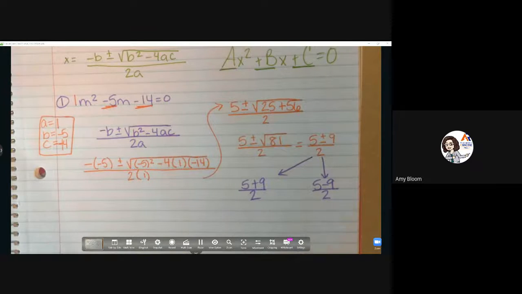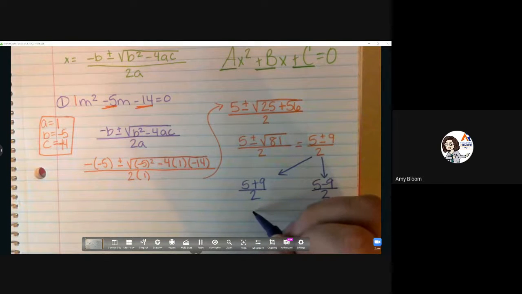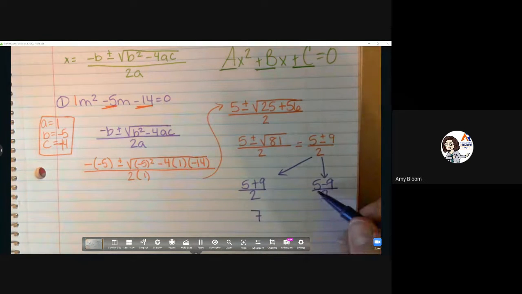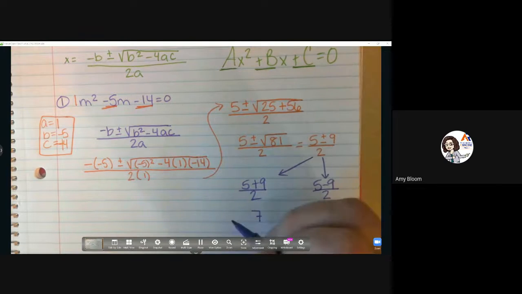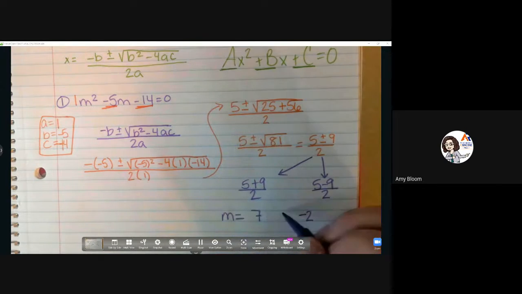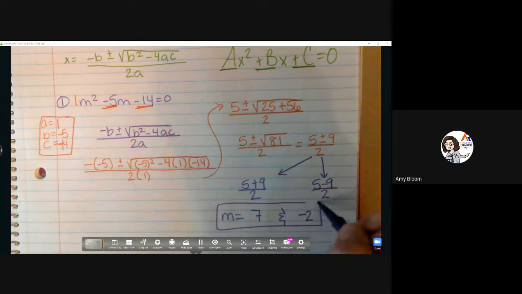So 5 plus 9 is 14, divided by 2 is 7. And 5 minus 9 is negative 4, divided by 2 is negative 2. So in this case, m can equal 7 and negative 2.